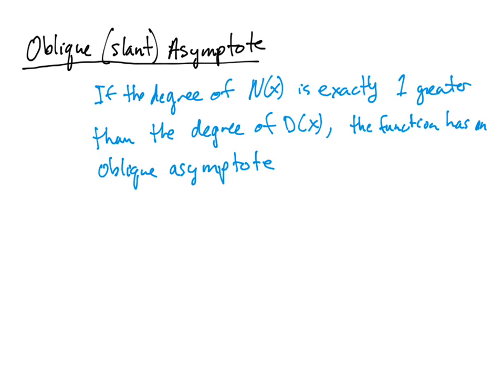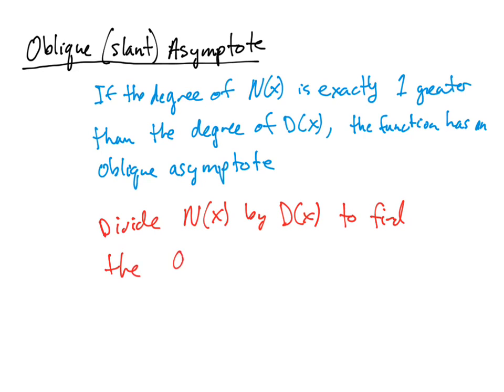And how we find this is we divide n of x, or the numerator, by d of x to find the oblique asymptote. And again, we will check out an example of this when this occurs.